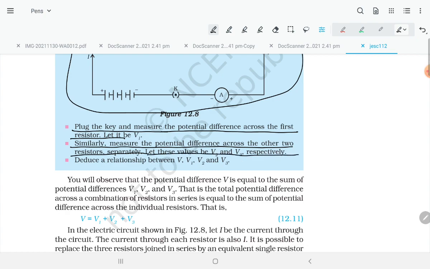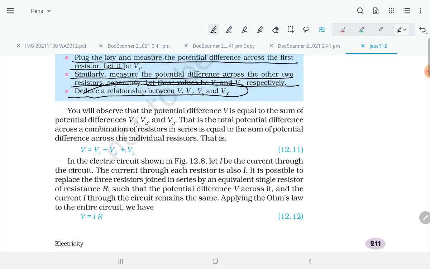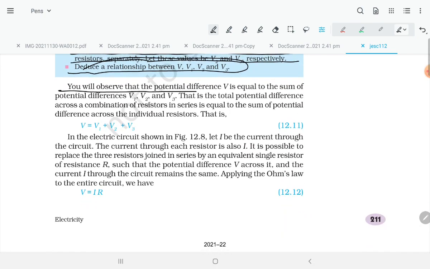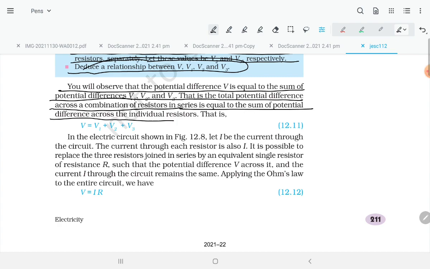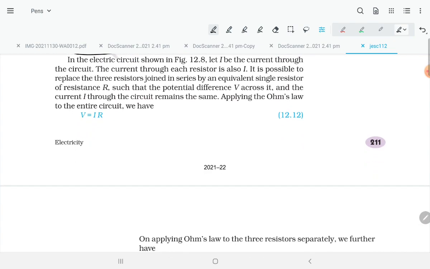Let the values be V1, V2, V3 respectively. Deduce the relationship between V1, V2, V3. You will observe that the potential difference V is equal to the sum of the potential differences V1, V2, V3. That is, the total potential difference across the combination of resistors in series is equal to the sum of the potential differences across the individual resistors. So V is equal to V1 plus V2 plus V3.